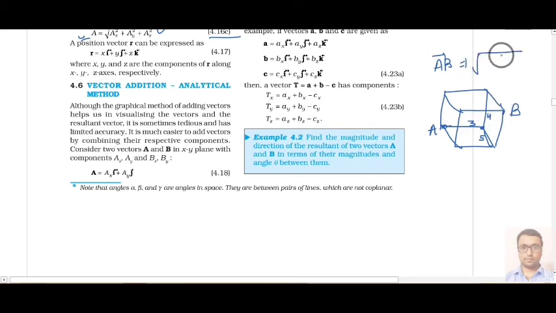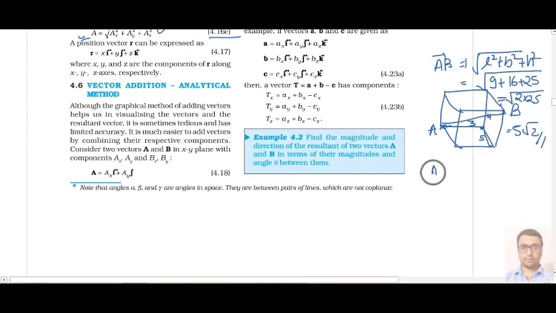Body diagonal will be given by root of L square plus B square plus H square. That will be the magnitude of the vector AB also, like 3 square 9 plus 4 square 16 plus 5 square 25, and it will become 50, so it will be 5 root 2. So vector AB can also be given by 3i plus 4j plus 5k.